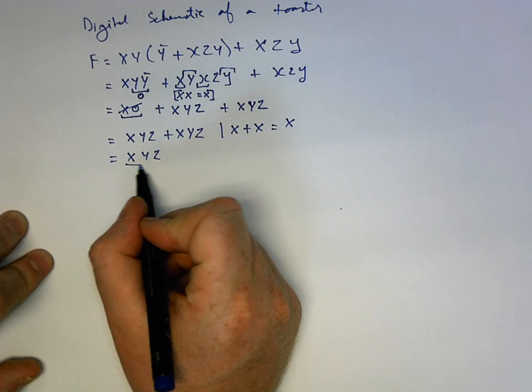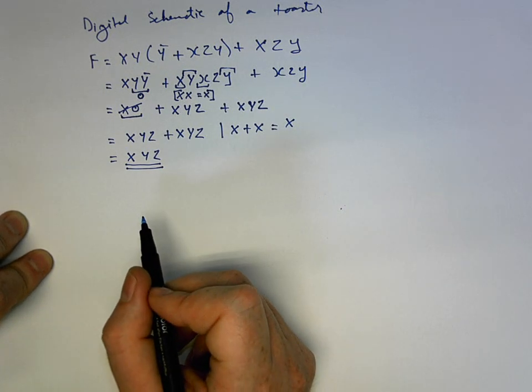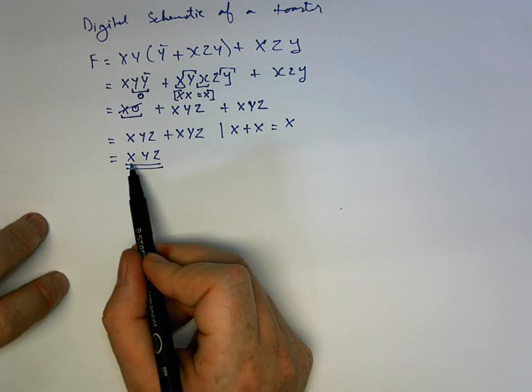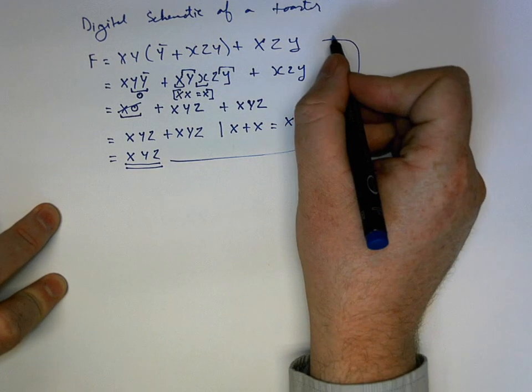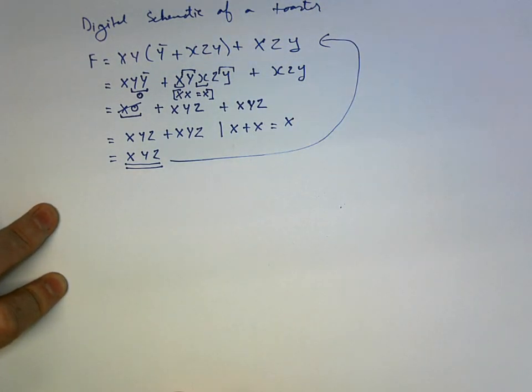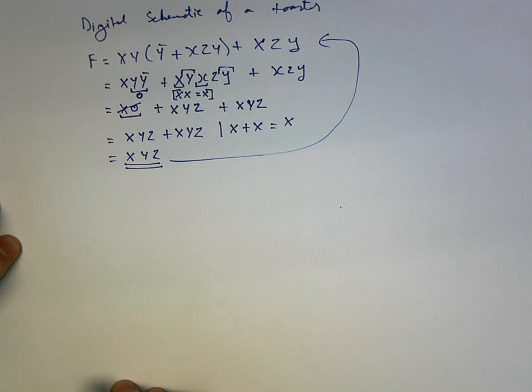So this is our new expression. And what we're saying is that from a digital perspective, x, y, z is the exact same as this expression up here. Okay, so how we'll prove this is we'll look at the truth tables associated with this functional expression.